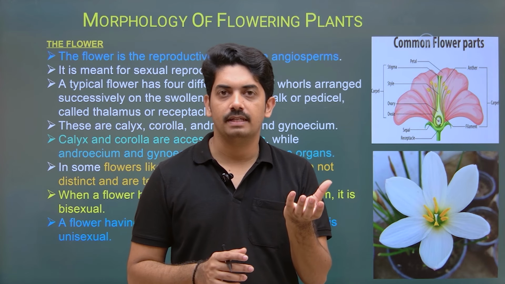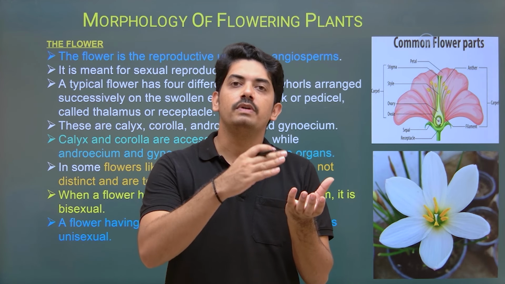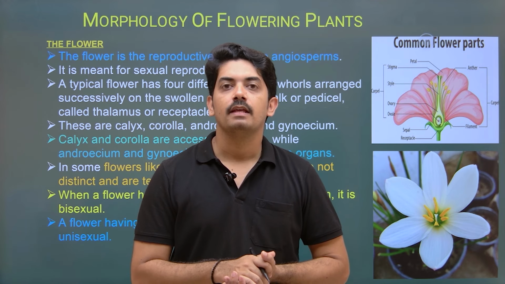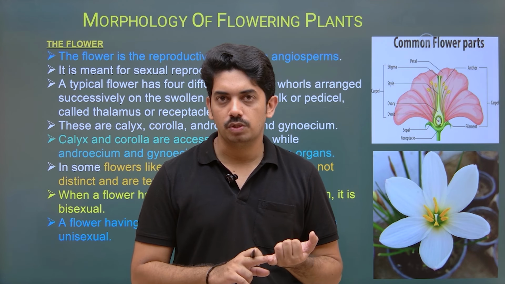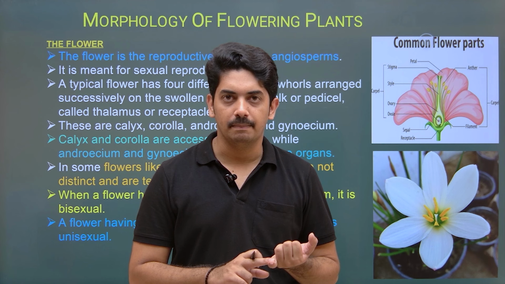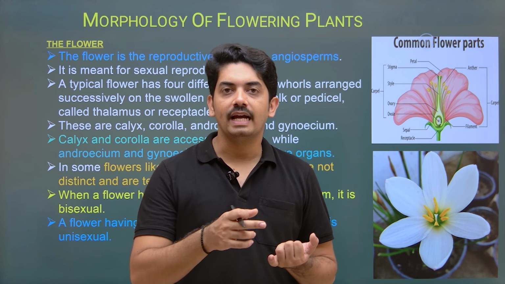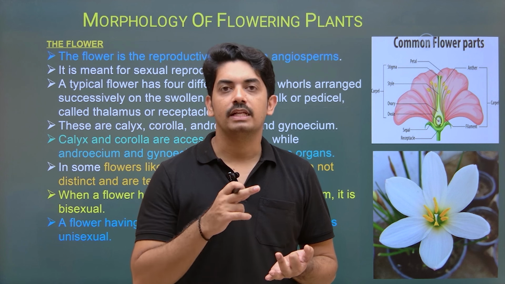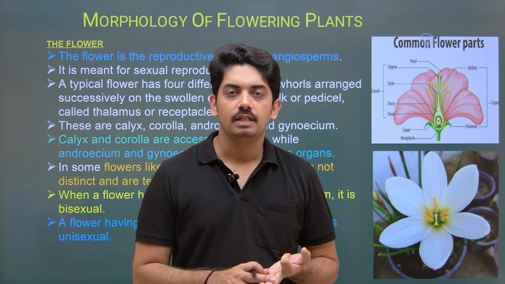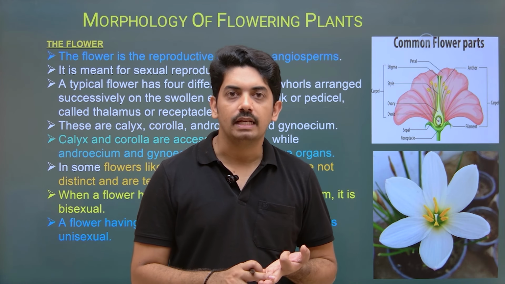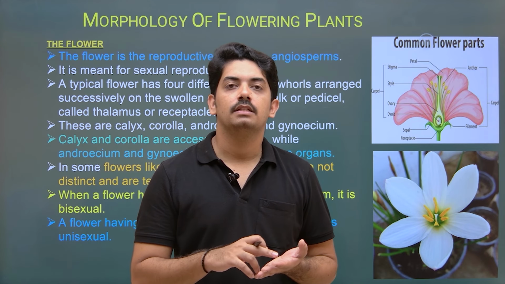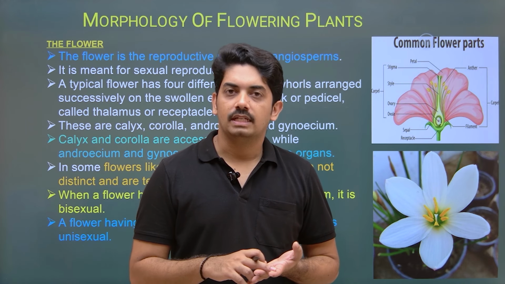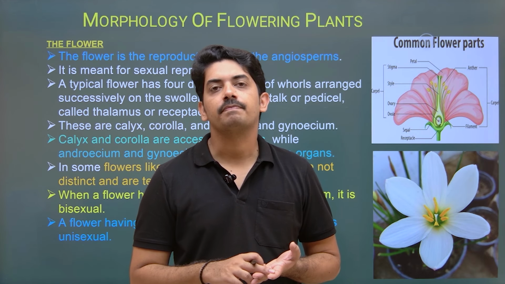Thalamus has receptacle, above which floral whorls are present, and those floral whorls are calyx, which is the outermost, commonly known as sepal, and next to that is corolla, commonly known as petal. Next to that we observe Androecium, that is the stamen, male reproductive structure, and the innermost one, Gynoecium, which is nothing but the carpel or pistil.